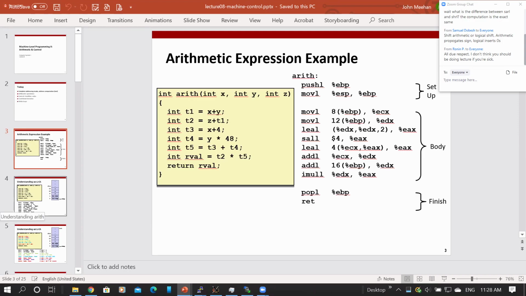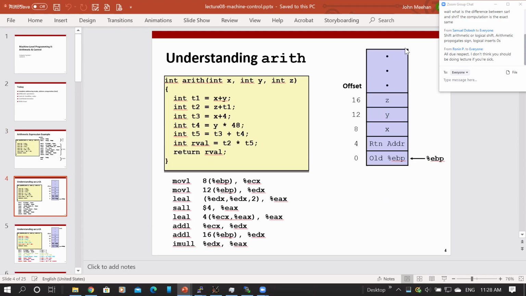So if we look at here's our stack. We got 3 parameters, 32-bit calling conventions, right? So the parameters are pushed onto the stack, left to right, going from bottom to the top of the stack there. That's the C calling convention.